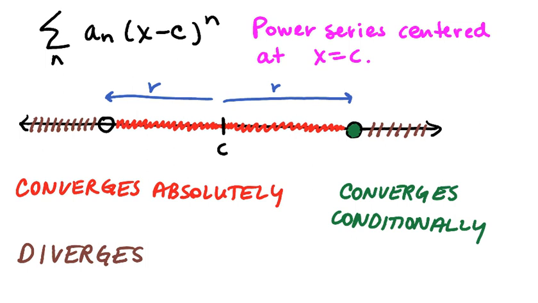It's not the case that every endpoint that converges will converge conditionally. I think there's one multiple choice item where both endpoints converge and neither converges conditionally, because it was a 1 over n squared type thing. But if a power series converges conditionally at a value, that's the endpoint of the interval of convergence.